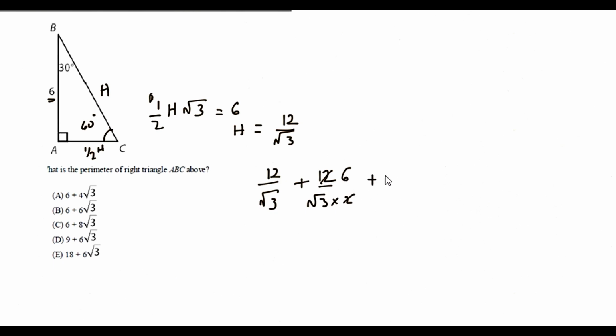Then we have the side 6, right? So this thing is lacking root 3 and all of them have root 3, so it will become 6 root 3 divided by root 3.